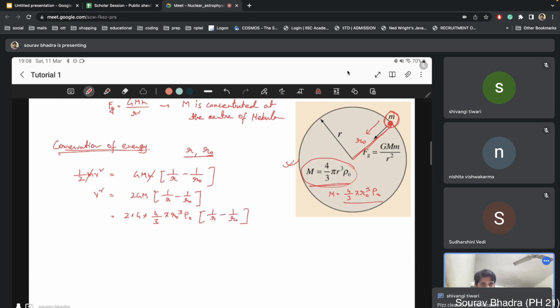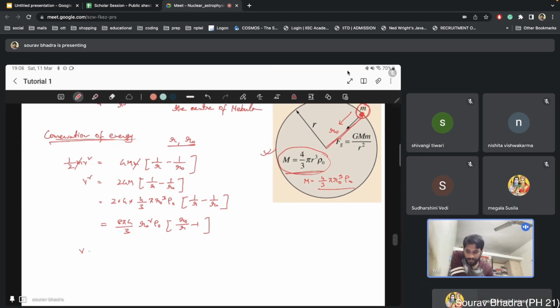So if you calculate, I will not do the steps, you can follow this. r0 square rho 0, it will be r0 by r minus 1. Very good. Now you just do the integration.